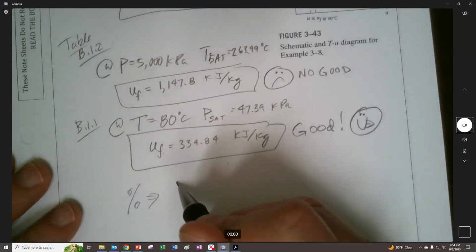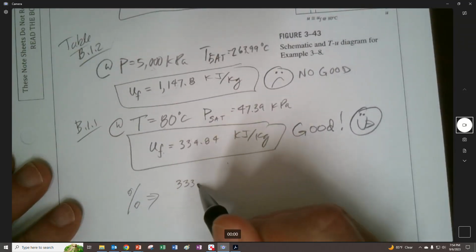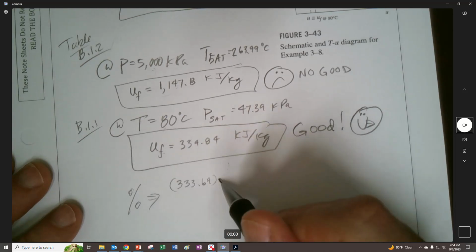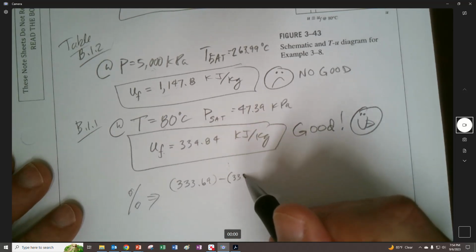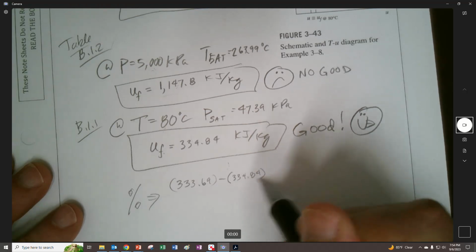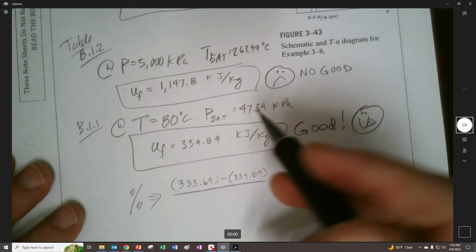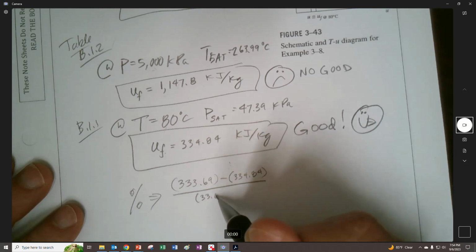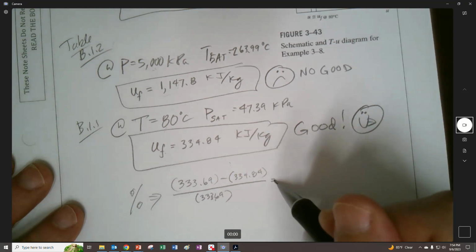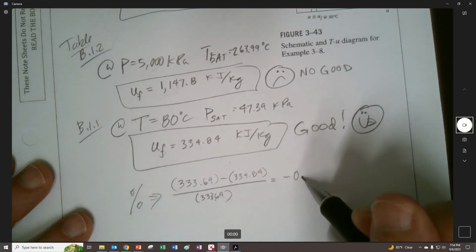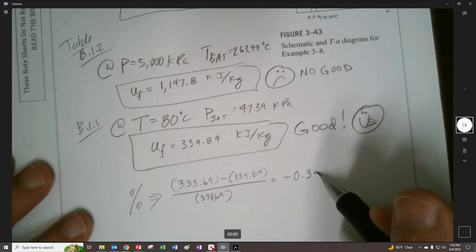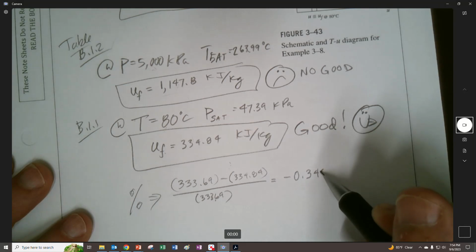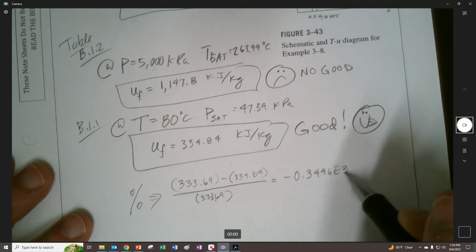So we'll take the one that we know is, call it accurate, it's just more representative, and we'll divide by that one. So we can see that we get a negative 0.3446E-3.